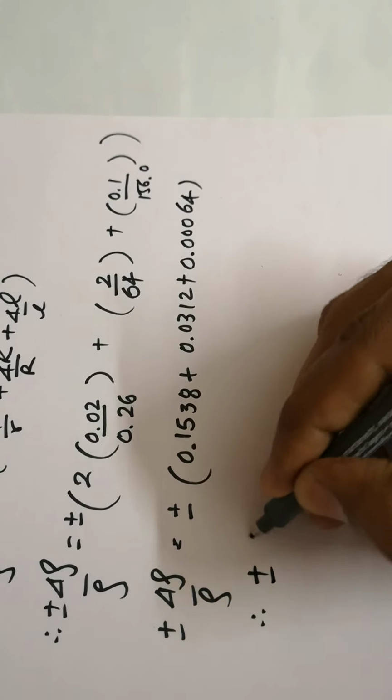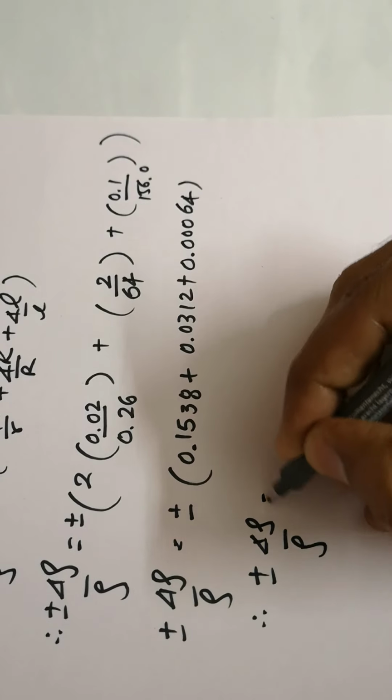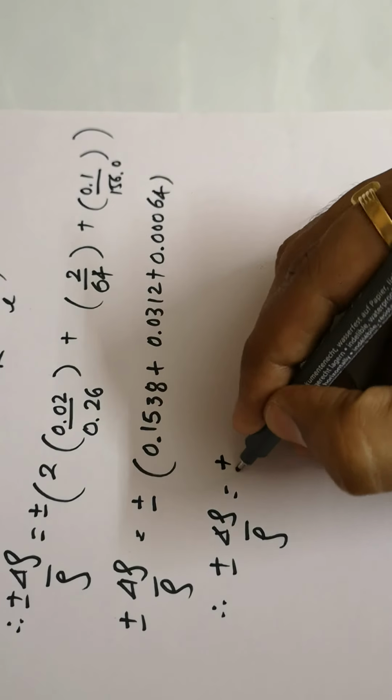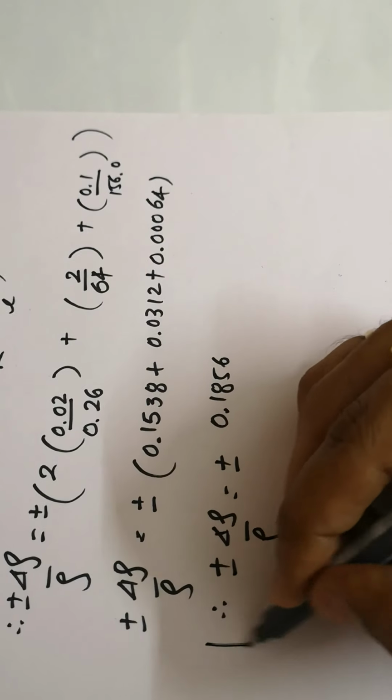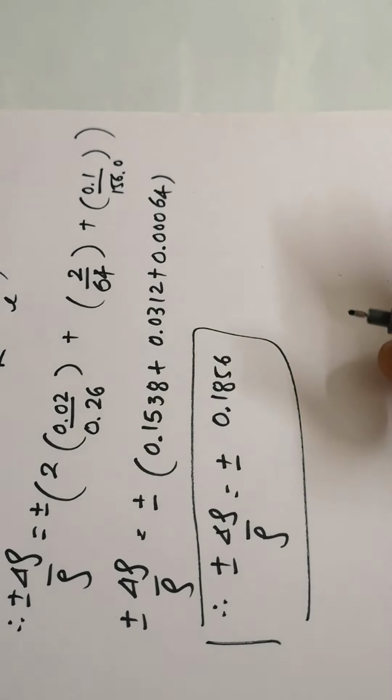So I get plus or minus delta rho by rho is equal to plus or minus 0.1856. This is my first of all fractional error.